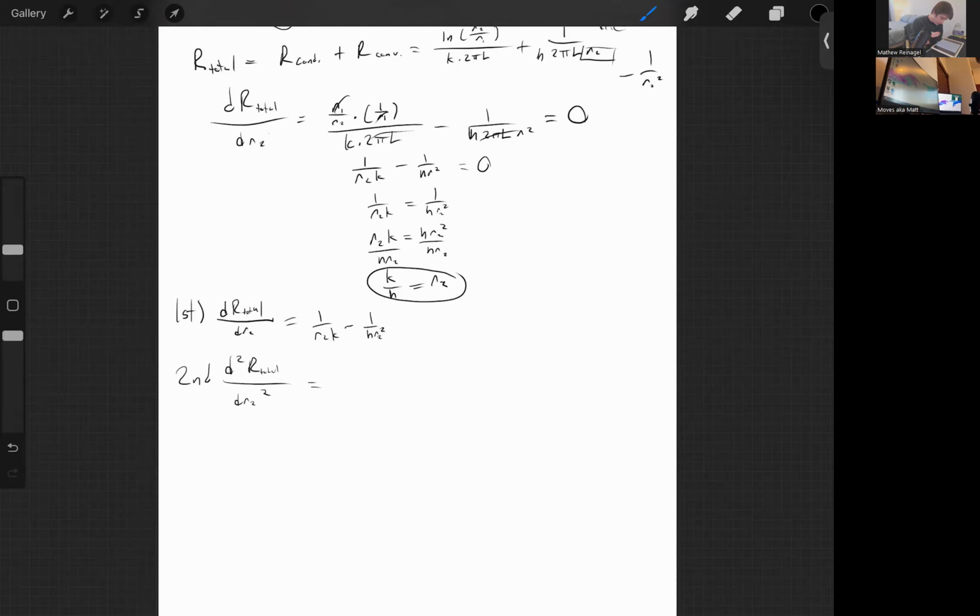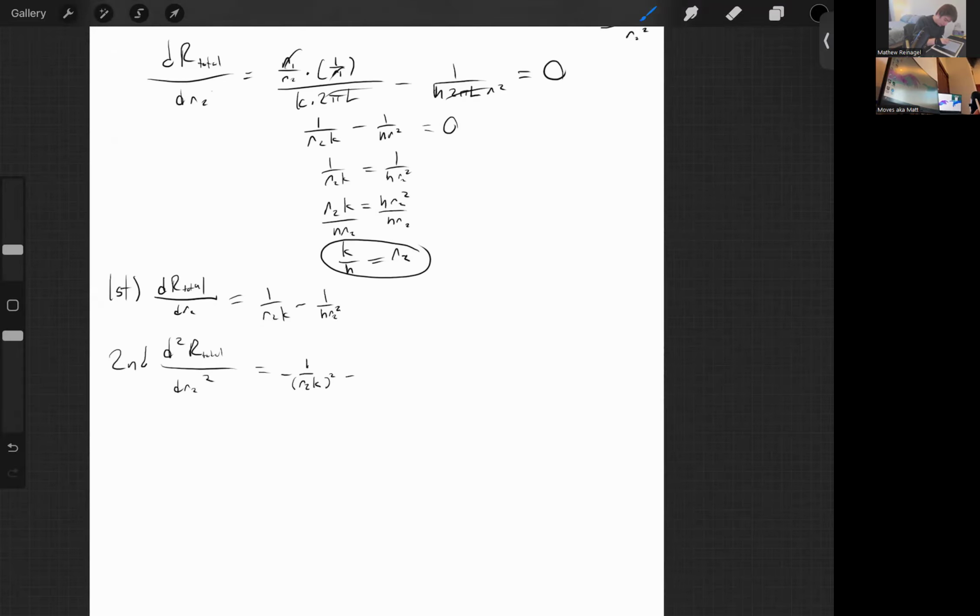And when we do this, we get negative 1 over R2 squared K, and then plus 2 over H R2 cubed.